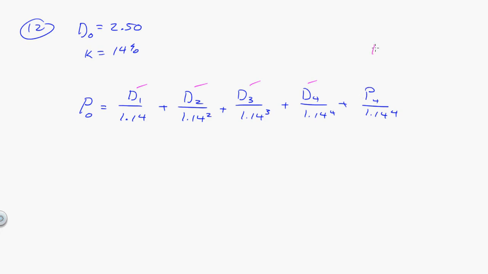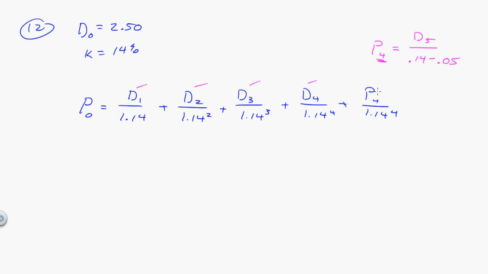Well, P4, the price in year 4, is equal to the dividend in year 5 divided by K minus the long-term growth rate, which in this case was told to be 5%. Whatever this number comes out to be is the value of dividend 5 and forward as of year 4.